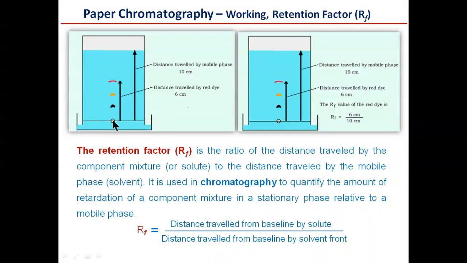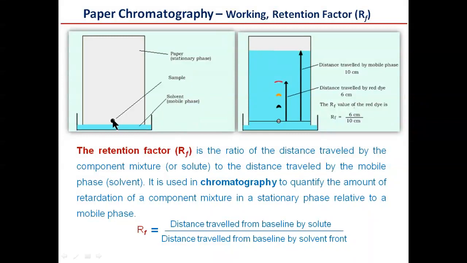Once we spot this on the surface of the paper, which contains water molecules acting as the stationary phase, we put this paper into the petri dish containing the solvent, or the mobile phase. We need to take care that the spotted mixture is just above the mobile phase.